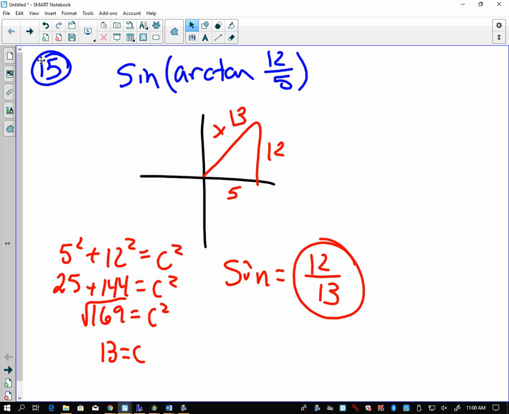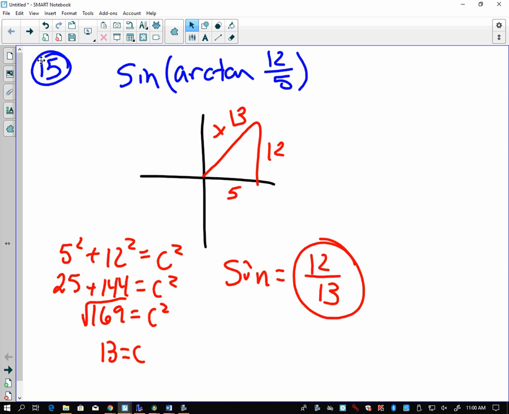Well, I mean, you're thinking like inverse tan. Yeah, ignore the inverse tan of that. Now, if this was saying, what is arctan 12 over 5, at that point, what I would need to do is inverse tan 12 over 5 to get the degree. But if I have trig function times arc function, okay, ratio, I'm not looking for the degree of it, I'm just looking for the ratio of it.